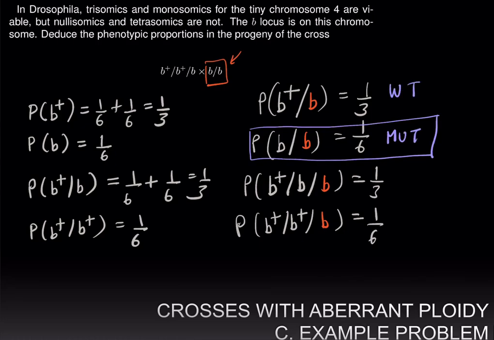Everything else is wild type because it has at least one wild type B plus allele, and usually in such problems we assume that the mutant is recessive, and so 1/6 will be mutant, which means 5/6 will be wild type, and so we will have a 5:1 wild type to mutant ratio.